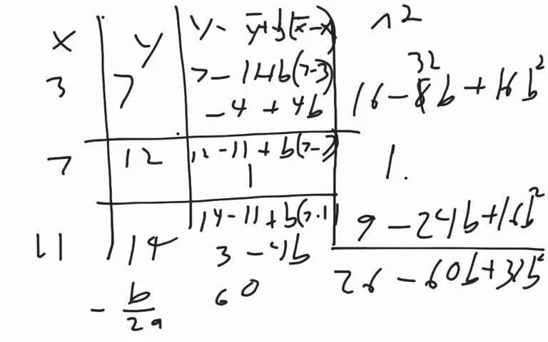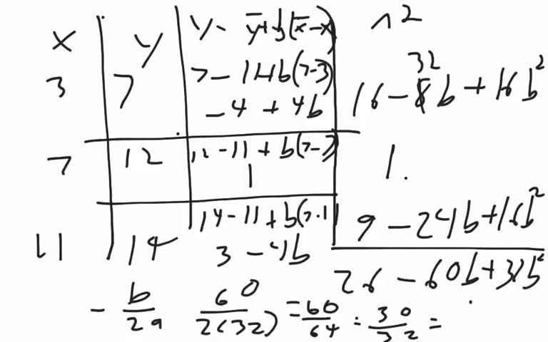So we got 60 divided by 2 times 32, which is 60 over 64, or 30 over 32, or 15 over 16. So I believe that this is the slope that is going to make the best least square equation line. So we got our point of 7, 11 and our slope of 15 over 16.